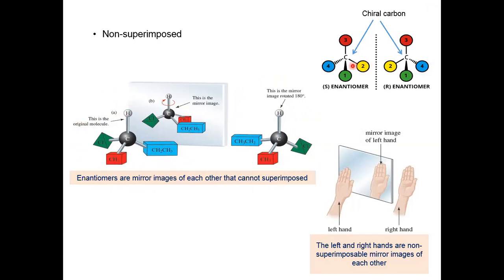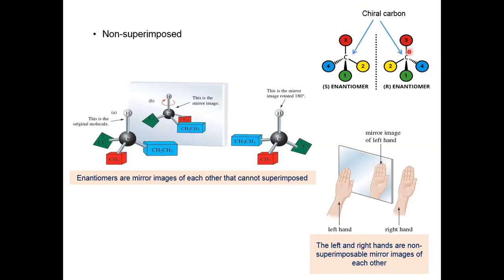Okay, chiral carbon. So a chiral carbon has to have 4 different substituents attached. For example, this carbon has a green, yellow, red and a blue substituent. So meaning it has 4 different substituents there. So this is the mirror image.